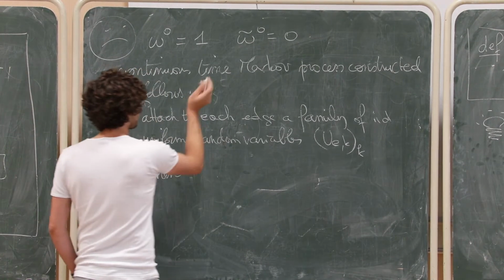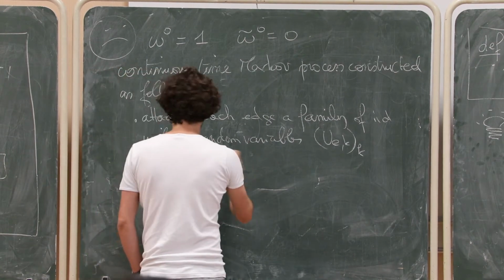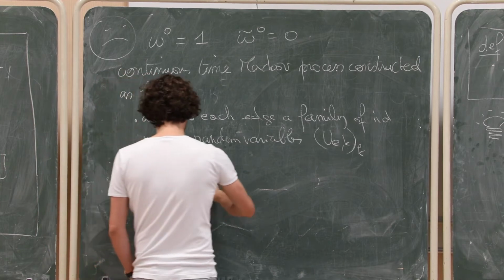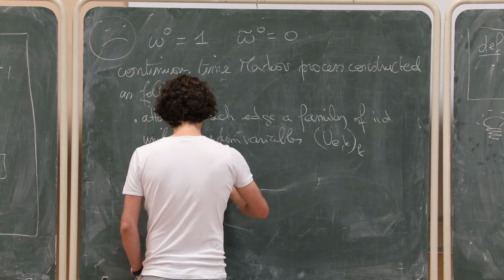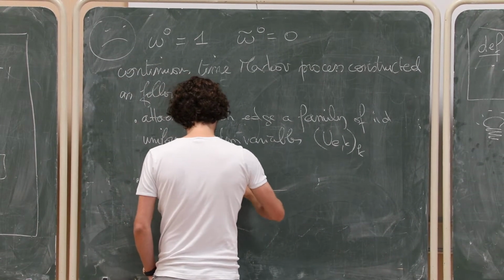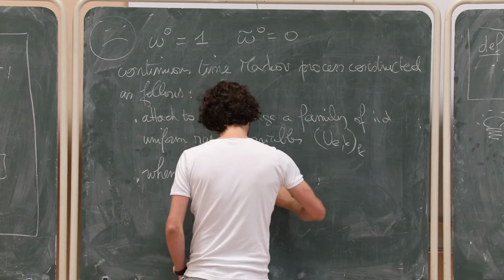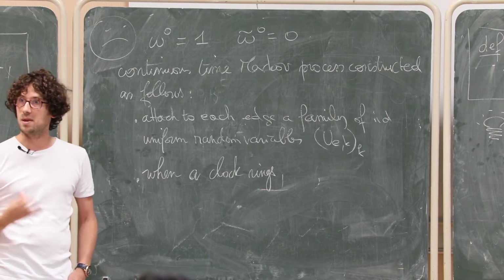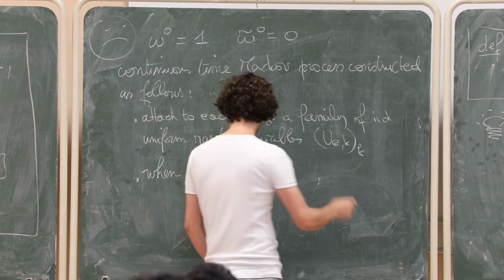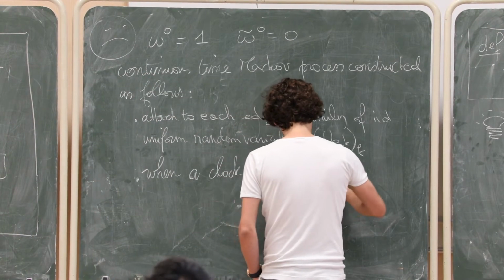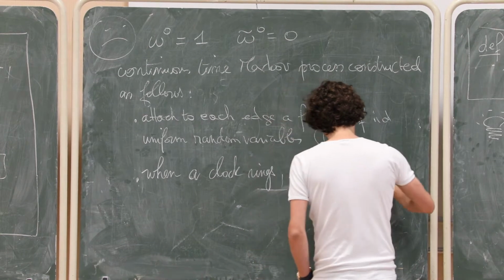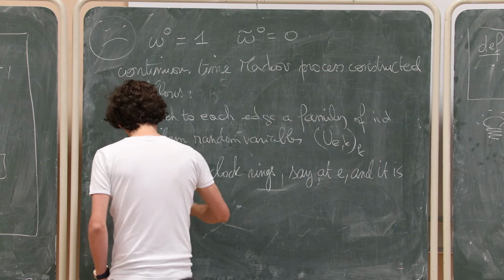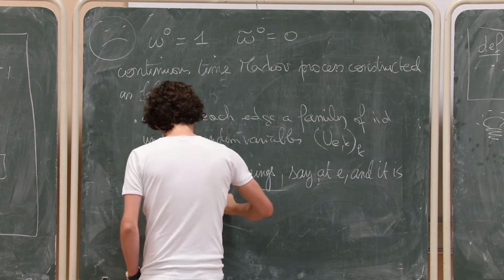And you already have exponential and uniform random variables. So when a clock rings, let's say it's at E and it's the kth time it rings at E.